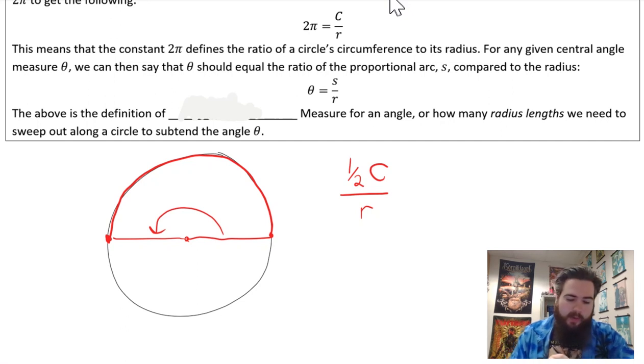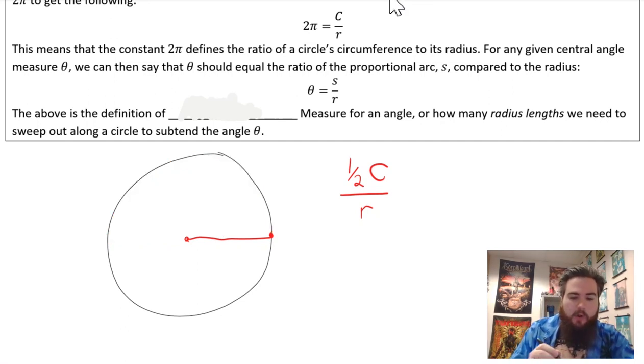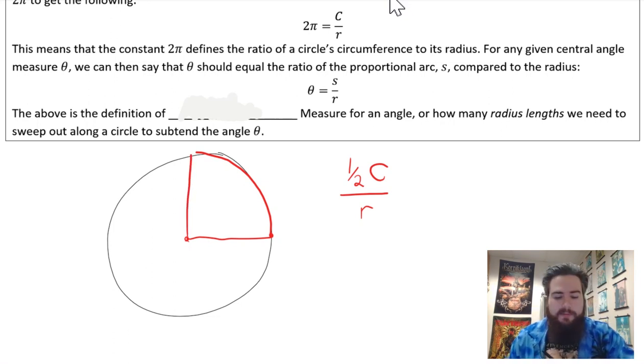Or maybe if I'm not going half the way around the circle, let's say I'm going 1/4 of the way. So I go from the initial point, and I'm now facing up at like the 12 o'clock position. Well, now this means that I have not gone half of the circumference, I have now gone 1/4 of the circumference.